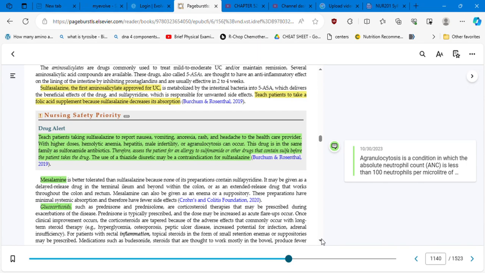With higher doses, hemolytic anemia, hepatitis, male infertility, or agranulocytosis can occur. This drug is in the same family of sulfonamide antibiotics. Therefore, assess the patient for an allergy to sulfonamide or other drugs that contain sulfa before the patient takes the drug. The use of thiazide diuretics may be a contraindication for sulfasalazine.